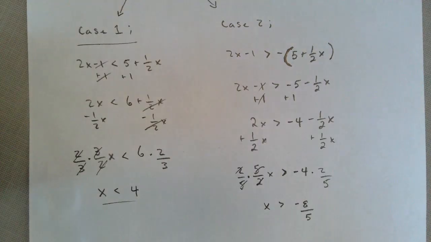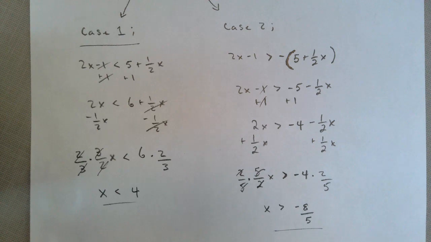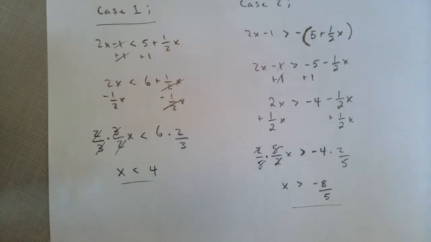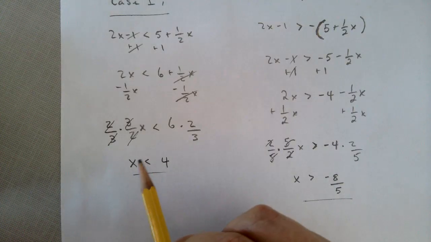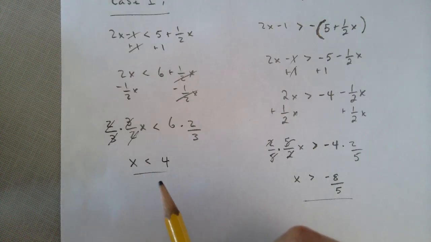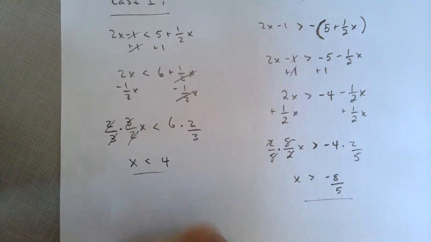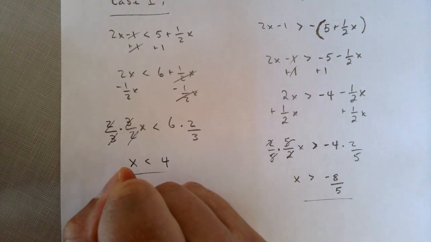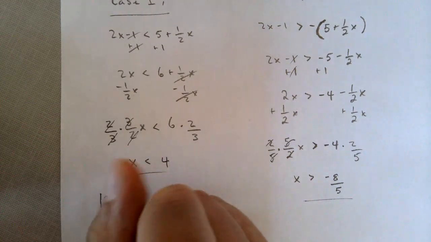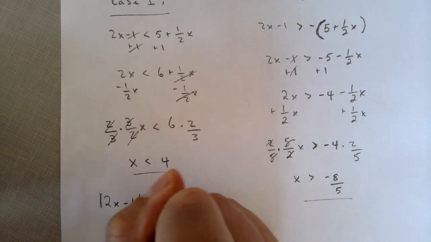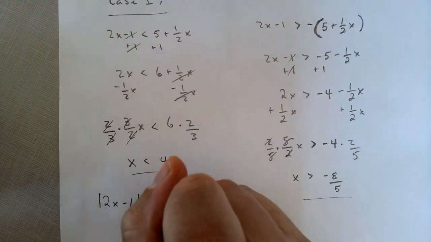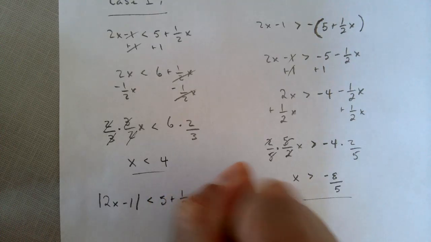So here we have to still check to see if our inequalities are true. So we have to test them out. So here, this inequality says for all values of x less than 4, so I'm going to pick 2 and see if our inequality yields a true statement. So remember, our inequality is the absolute value of 2x minus 1 is less than 5 plus 1/2 x.